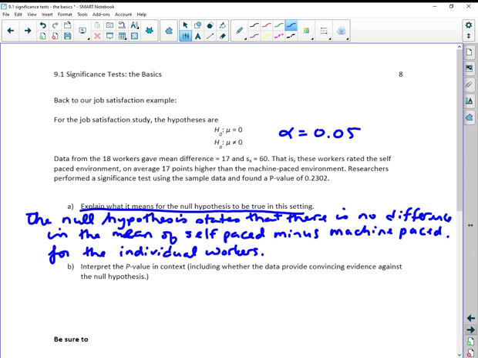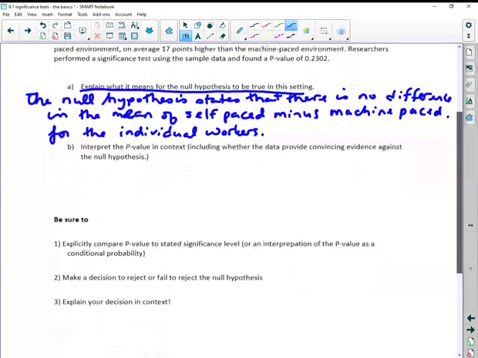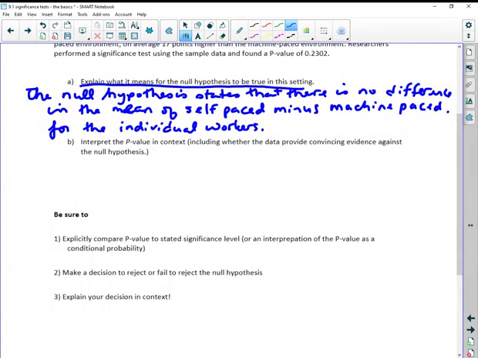So that means you probably wouldn't want to change your whole system if they're not going to really show a difference. But when I get this p-value of 0.2302, let's interpret that p-value in context.